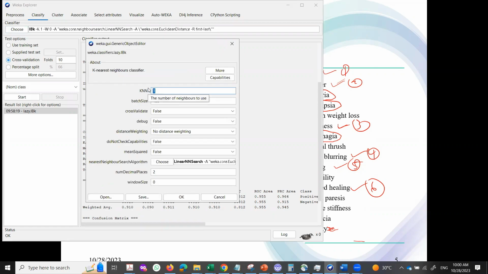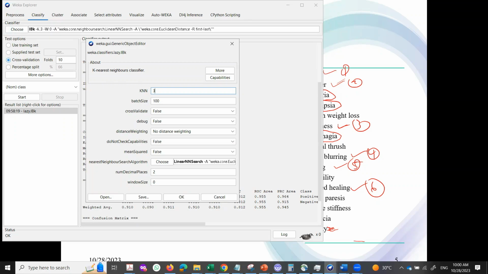These are the parameters that will affect the performance of your algorithm. So we have to try to modify them. We can change this one to maybe 3, because we have 2 classes. It's classifying into, is it diabetes or not?